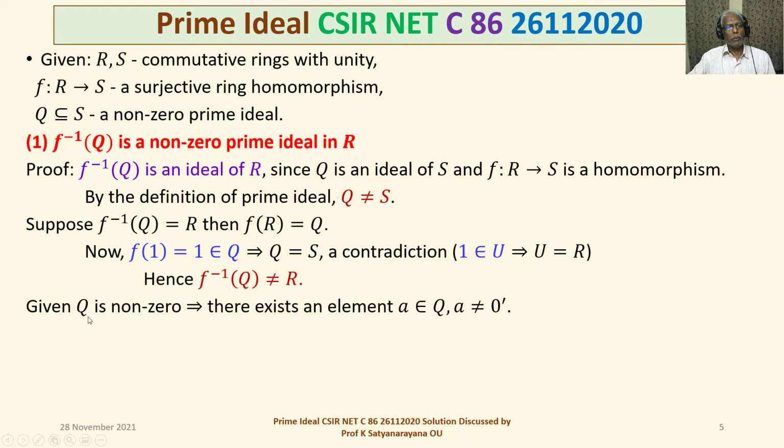Given Q is a non-zero prime ideal, Q is non-zero, so there exists at least one element in Q which is not 0.